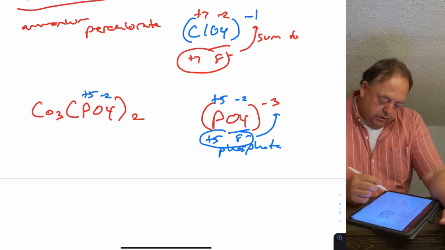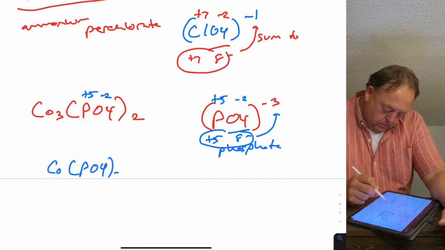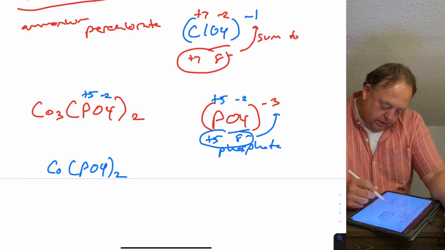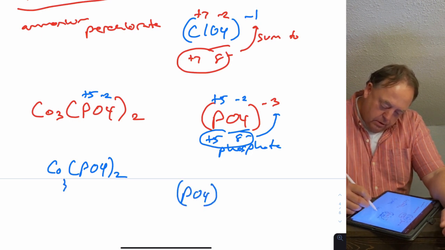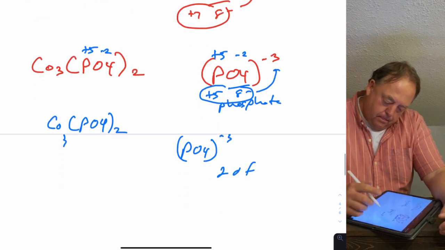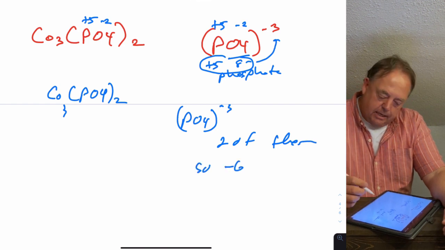And now you can figure out the cobalt. So the easiest way to figure out the cobalt, so PO4 as a whole is -3, and there's 2 of them. So that gives you 6 negatives.